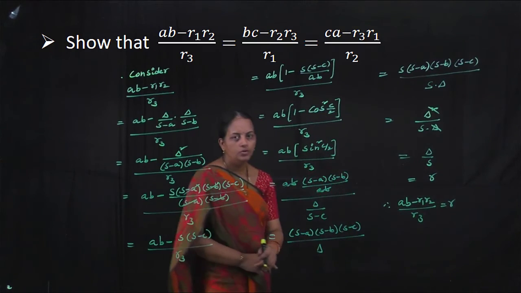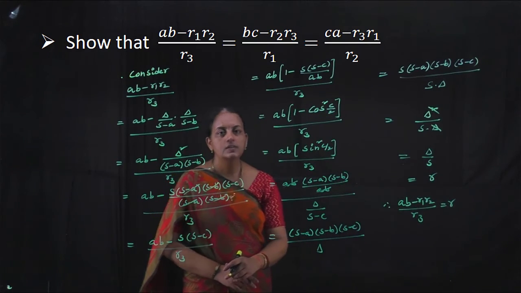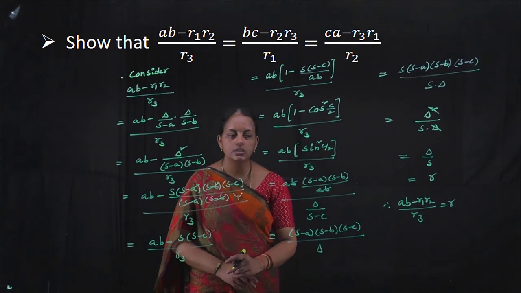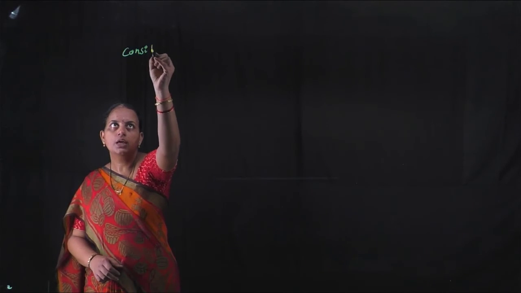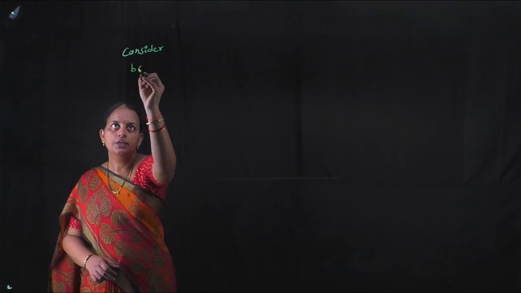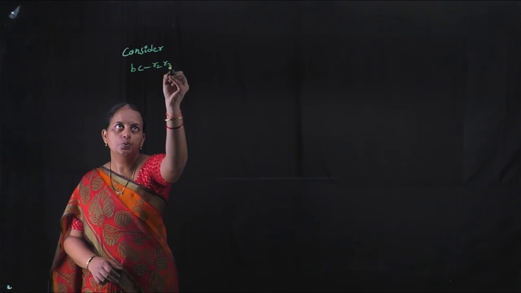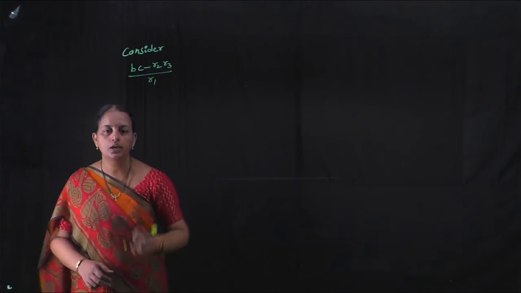And now we can prove BC minus R2 R3 by R1 is also equal to small r. Consider BC minus R2 R3 by R1.